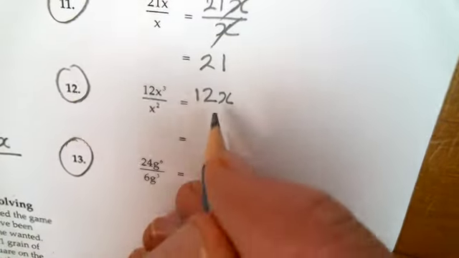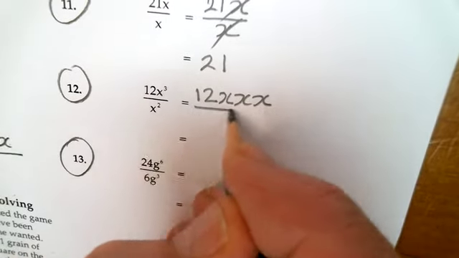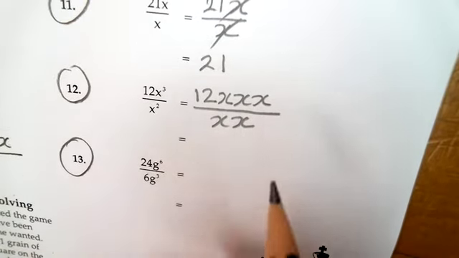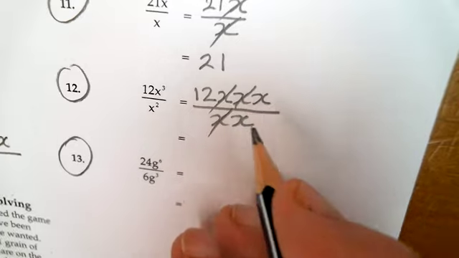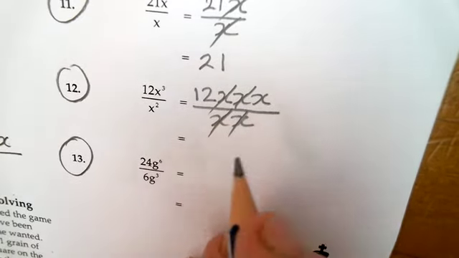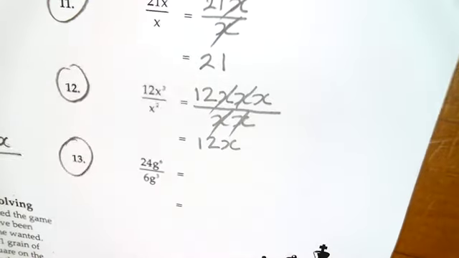So 12 x times x times x over x times x. So I'm going to just cancel these out. x divided by x is 1, and x divided by another x is 1, and I'm left with 12x. So the answer is going to be 12x, or 12x to the 1 if you like.